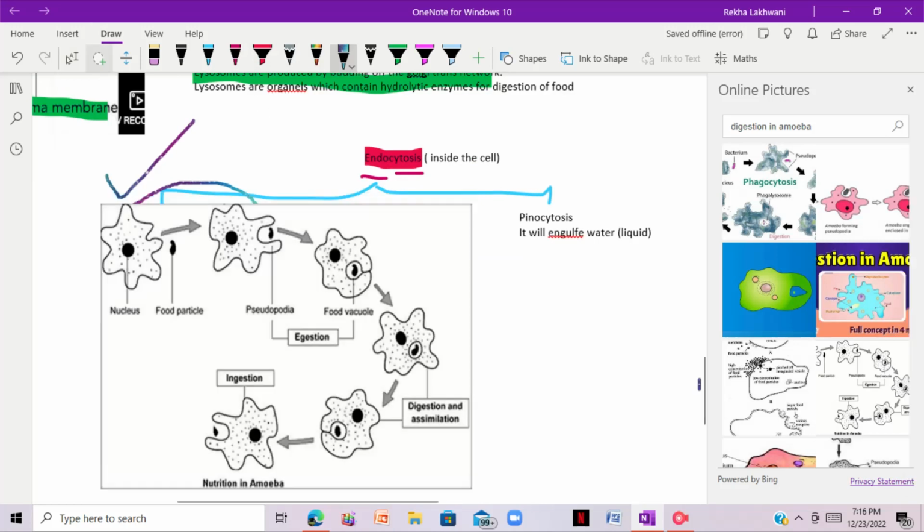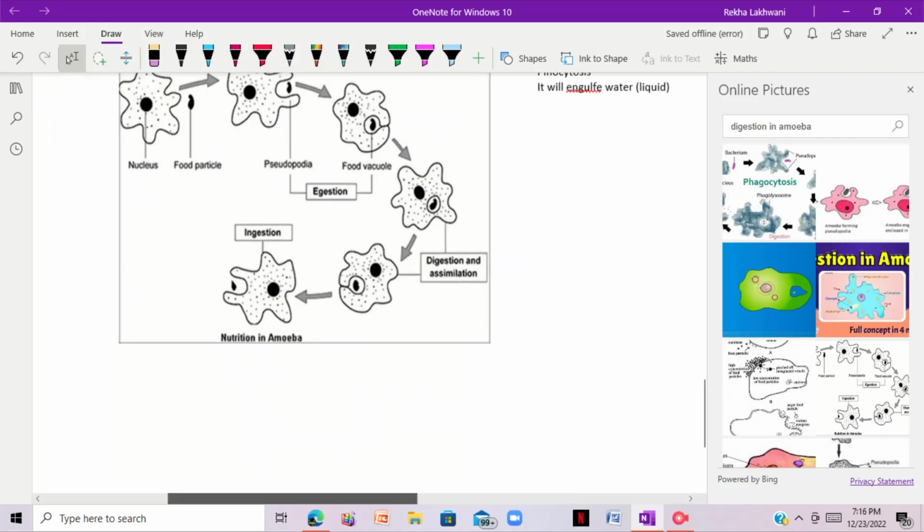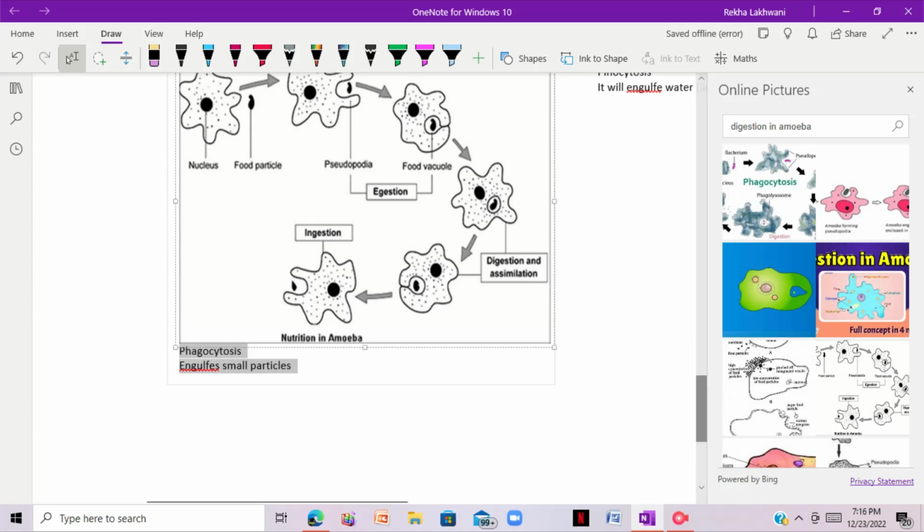When the digested material gets into the cytoplasm, this process is known as absorption.